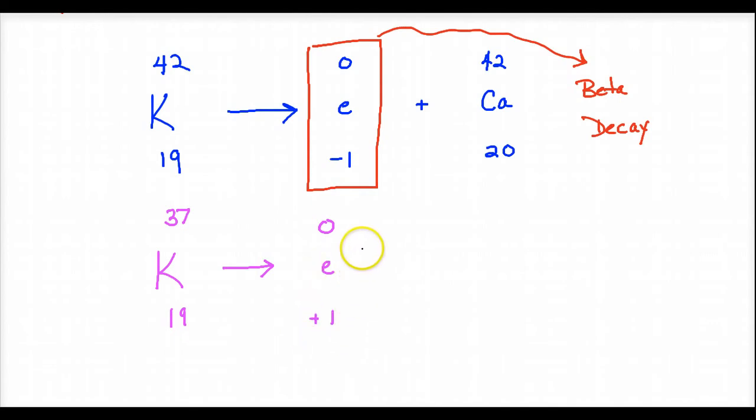We'll talk about that in a second. And using our nuclear equations and our conservation of mass and charge, 0 plus 37 is 37. What number plus 1 gives me 19? That would be atomic number 18. Atomic number 18 is argon.